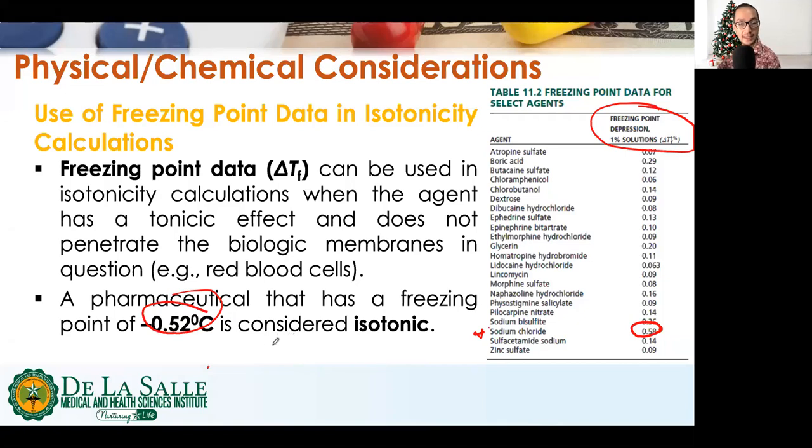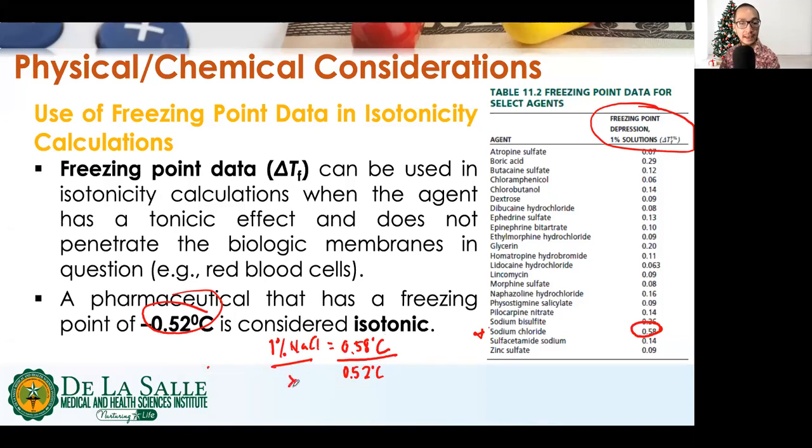Basically, it's just like this. 1% of sodium chloride has a freezing point depression that is equal to 0.58 degrees Celsius, right? Now, if we want to make an isotonic solution, then the freezing point depression should be equal to 0.52 degrees Celsius.